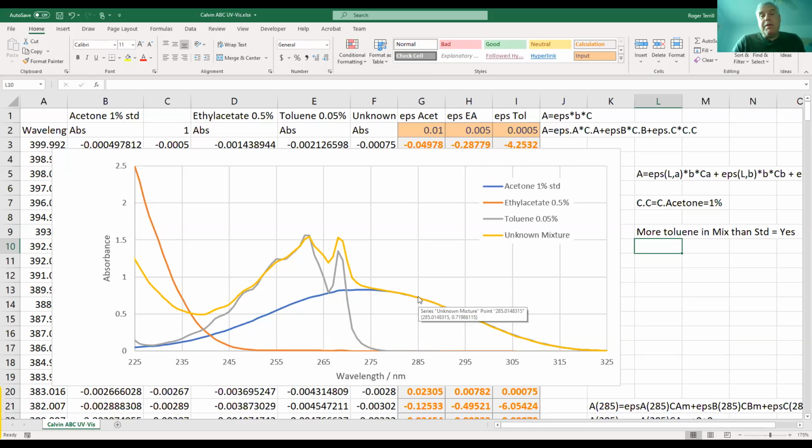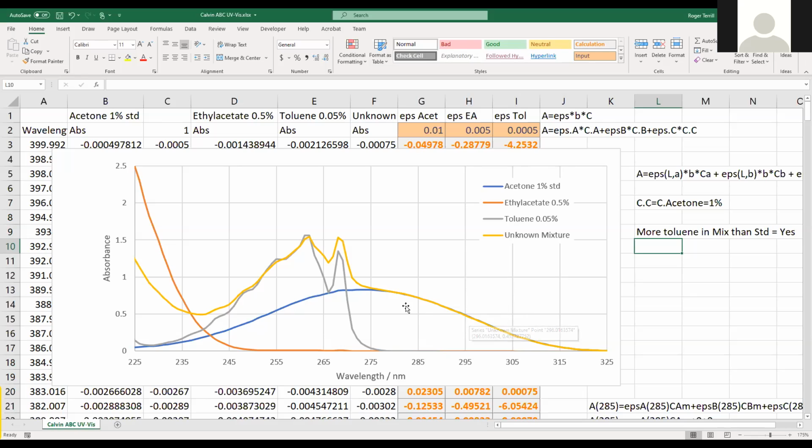Well, let me go back to Vincent's question. And I'm sorry, this is getting a little ponderous. But does the concentration of the acetone in this mixture change as we look at it at different wavelengths?